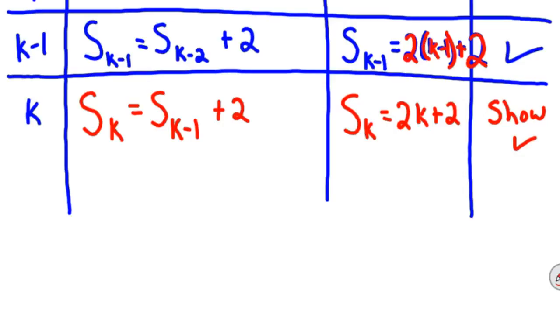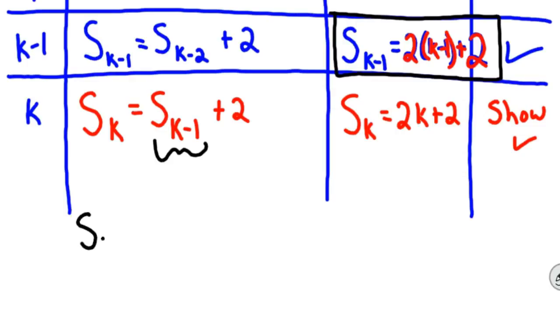And what's cool is since we went to the k minus 1 term, we can use a little substitution. I'll go to black here. Notice on the explicit side, we have S sub k minus 1 equals 2 times k minus 1 plus 2. So we have this term right here. We have S sub k minus 1 for the recursive formula. So we're going to use substitution and just continue this down.